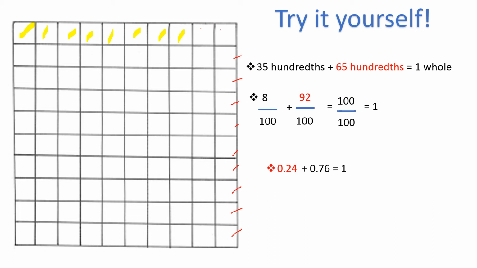And with these decimals, to make life easier for yourself, you had 0.76. You could have converted that to the fraction, which would be written like this, 76 hundredths, and then you would shade in 76 hundredths and figure out how many are not shaded, which would be 24 hundredths, and 24 divided by 100 would be 0.24.